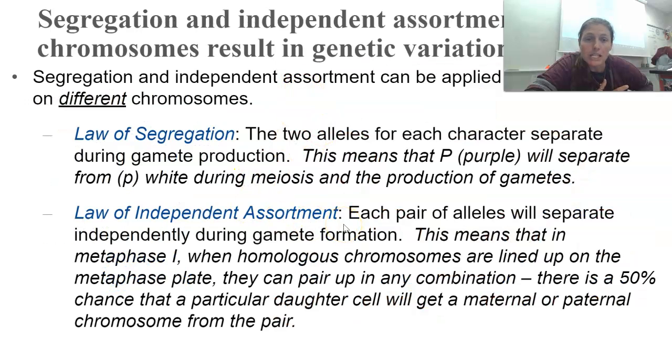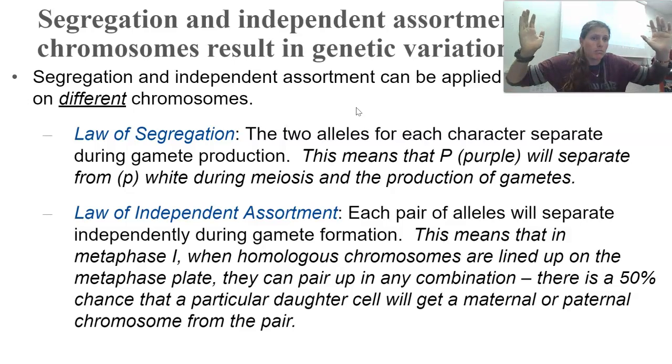So biggest ones here, we've got law of segregation, law of independent assortment. We went over that and where those things occur. Segregation and independent assortment can be applied to genes that are on different chromosomes. This is because if you have a gene on one chromosome and a gene on another chromosome, then you can split them, and it's just like splitting chromosomes.